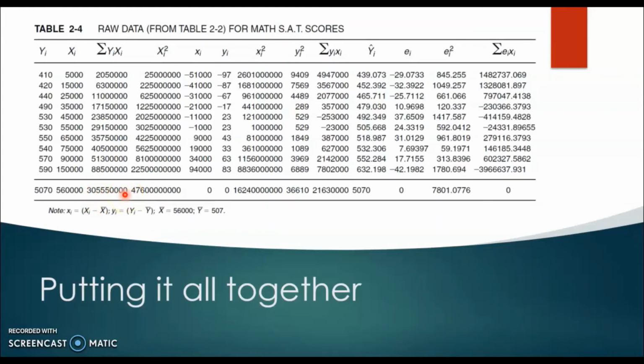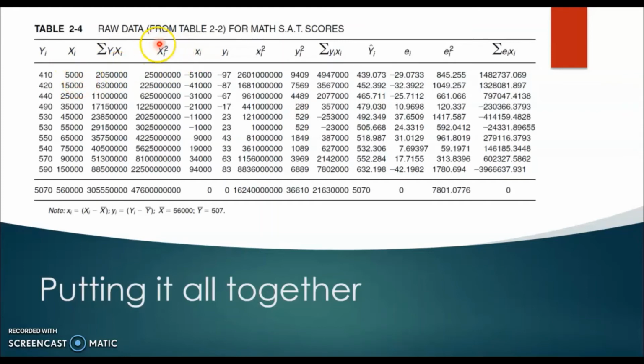30,555,000. On the fourth column, we have the squared income value, sorry, the squared value of the independent variable, the squared value of x at each particular observation i. I here refers to the specific or particular observation. For example, the first observation is $5,000.